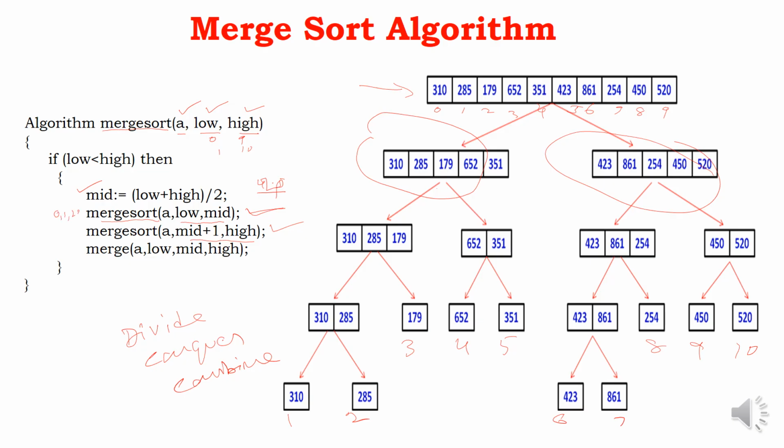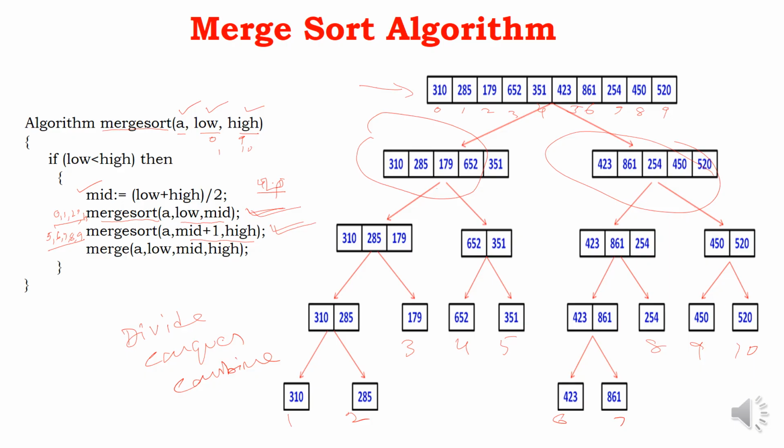So I'm sorting the first five elements using merge sort, and the next five elements using another merge sort. So apply merge sort on the left array and apply merge sort on the right array.